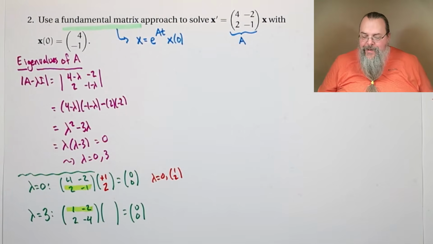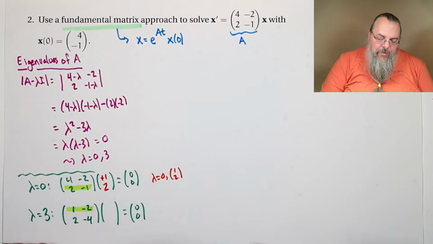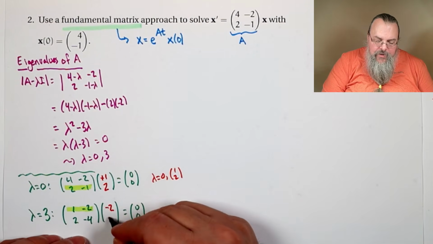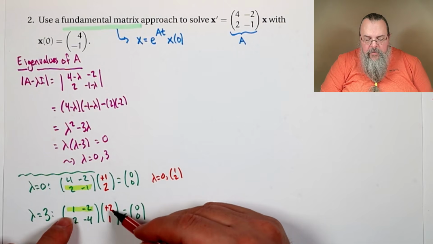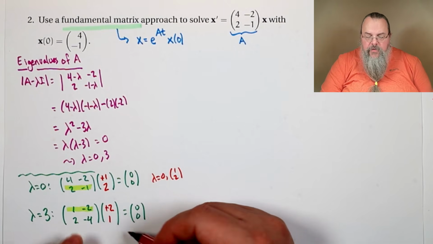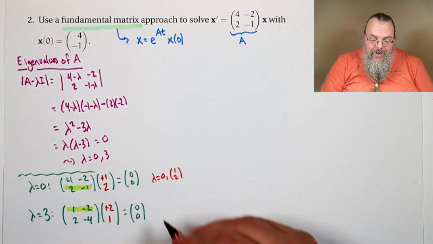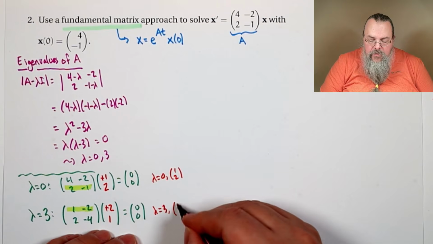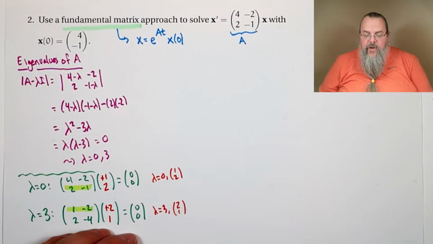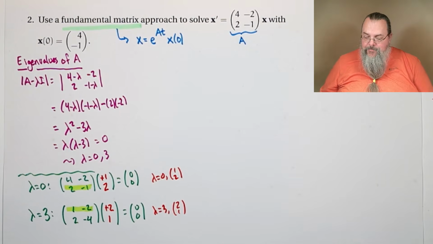I like it. Let's use it. We're going to write that row in reverse order and flip a sign: [2, 1]. Well, does it work? 2 minus 2, 0. 4 minus 4, 0. Yeah, it works. So for lambda equals 3, we're going to use [2, 1].